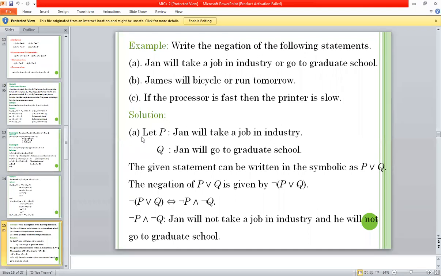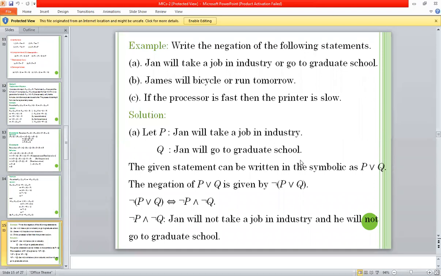So solution, first one. The given statement can be written in propositions. First proposition P, John will take a job in industry, and second proposition Q, John will go to graduate school.